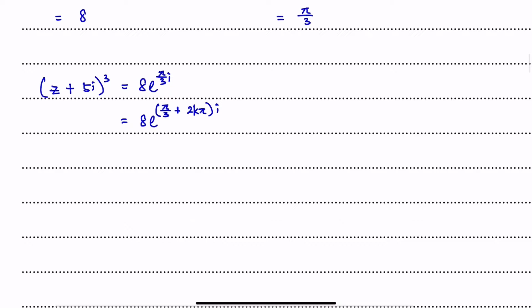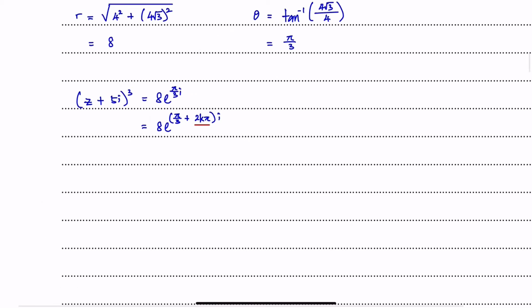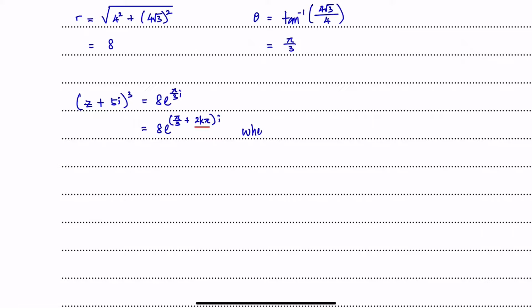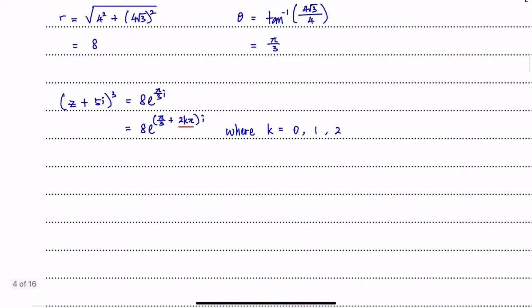So why do we need this extra 2k pi? Oh wait, I forgot to write this. Where k equals 0, 1, and 2, because we have three answers, right? So we just have to write it until 2.